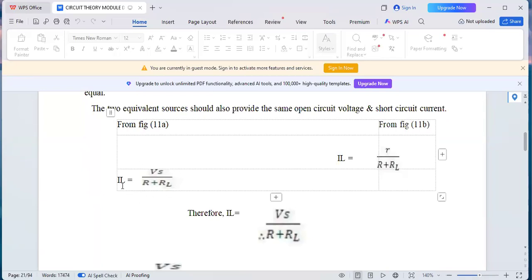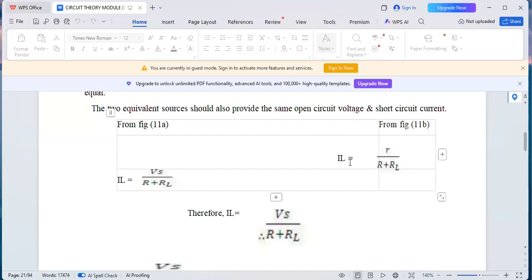You see, we have IL as a short circuit current. Vs is equal to R plus RL. And we said that Vs is the voltage source, right? This is a short circuit current.